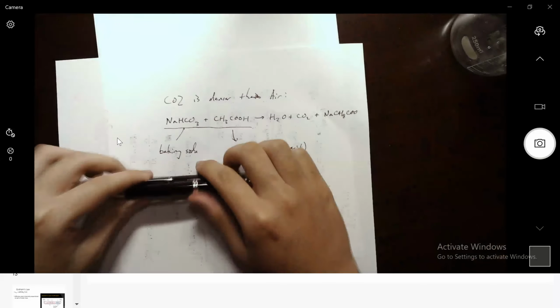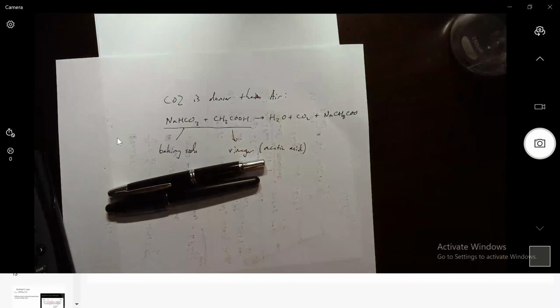Okay, has anyone done a baking soda volcano? Has anyone ever done that in elementary school or something like that? Yeah. So we're going to use that reaction to make some CO2, and then we can do some stuff with that CO2. So let me change the camera.